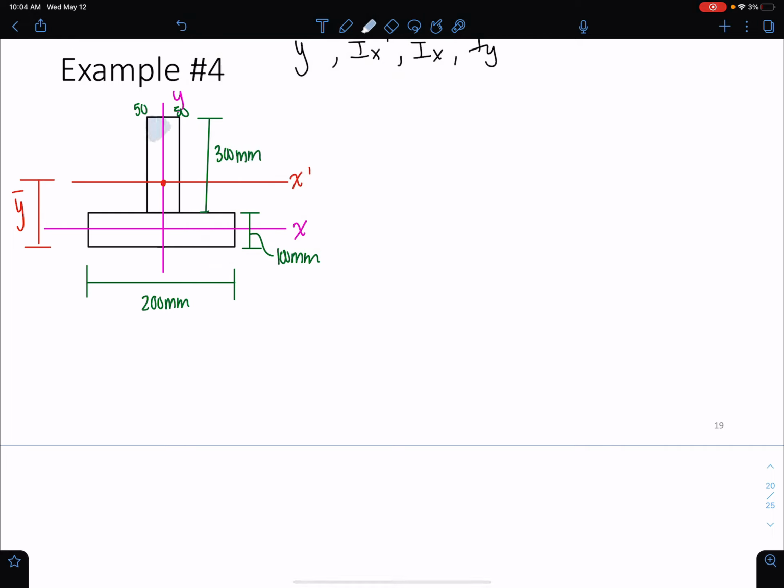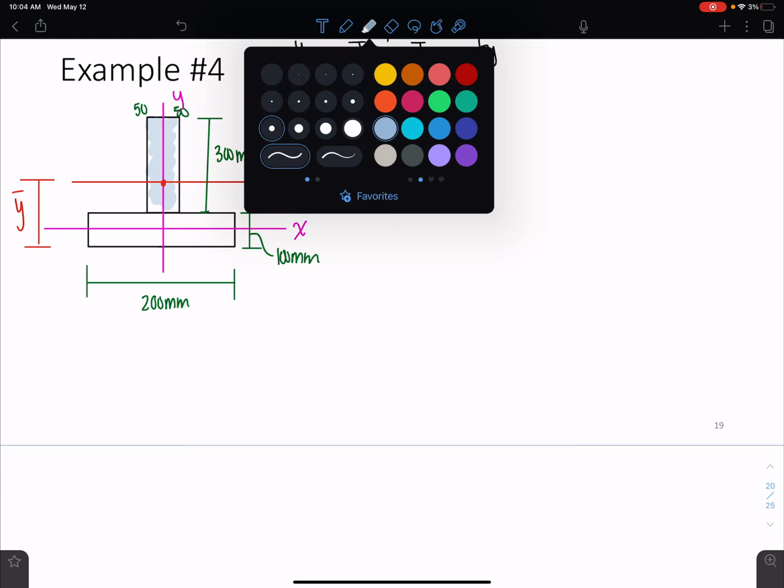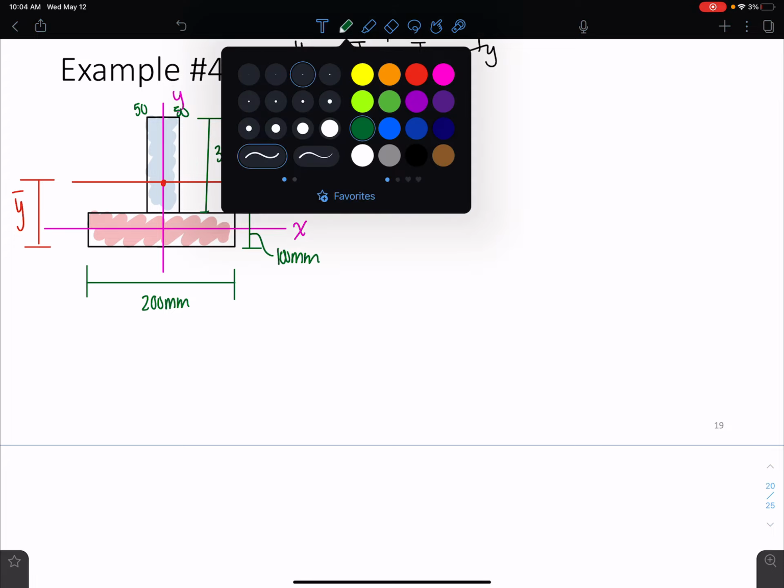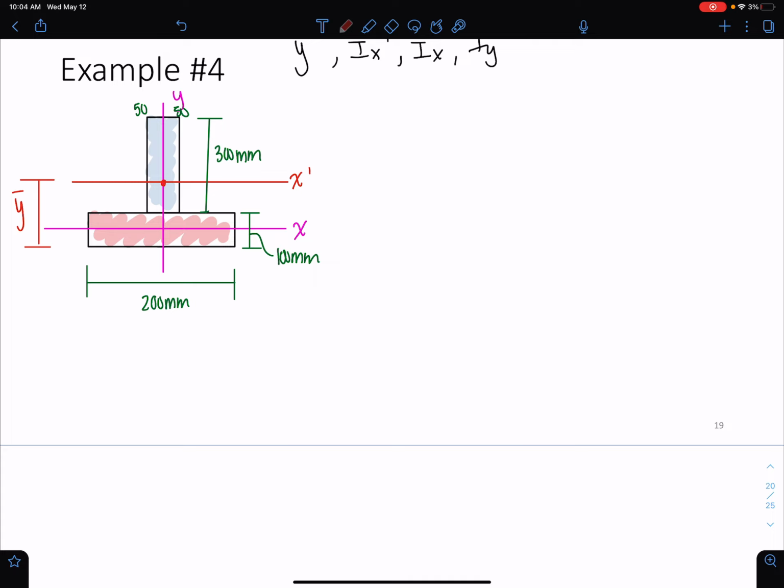So we have area 1 and area 2. Area 1, let's get our area. 100 times 300, so we have 3,000.